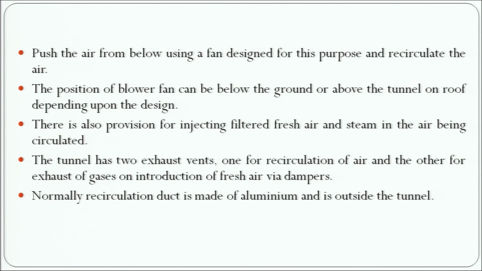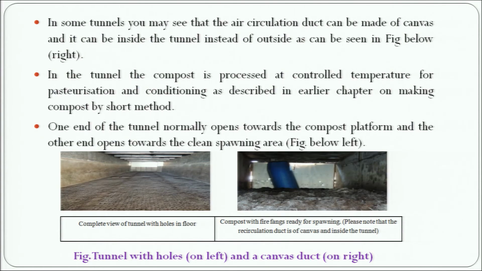Normally, the recirculation duct is made of aluminum and is outside the tunnel. In some tunnels, you may see the air circulation duct inside the tunnel instead of outside, as can be seen in the figure below.